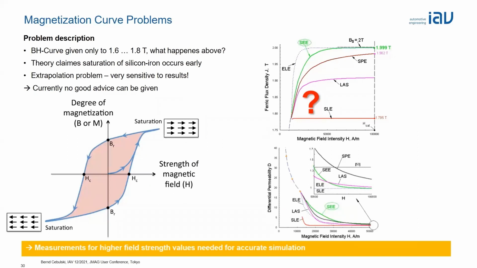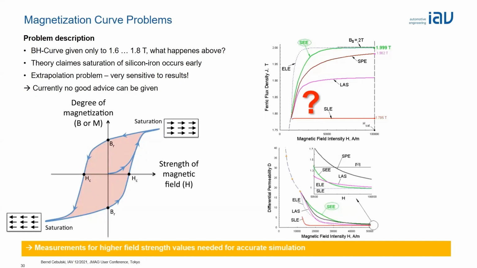The theory claims that the saturation of silicon iron really occurs early, and this is handled by a kind of extrapolation in JMAG. But if you use different extrapolation methods that are available in JMAG, you get very different results. So when you have a design where the machine is heavily saturated, you want to check what the different extrapolation methods give you as a result.